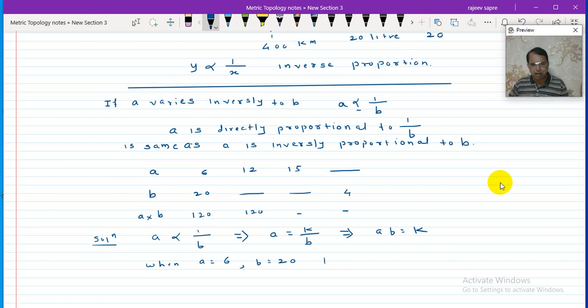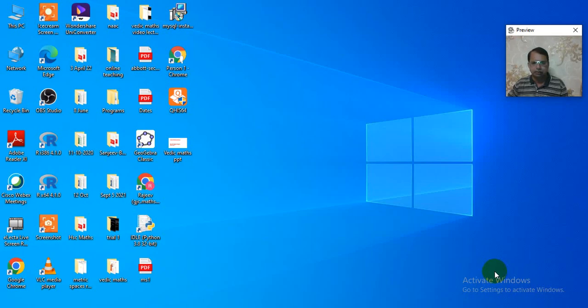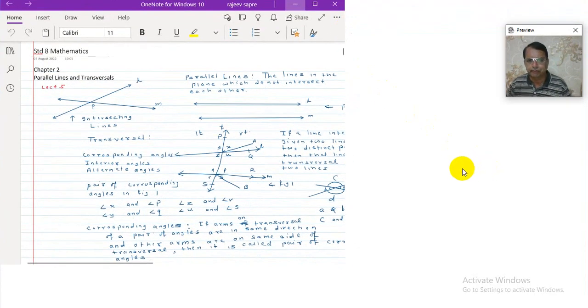So what is K? It is A into B. So it is 6 into 20. So it is 120. Right? And this 120 is actually the constant of variation. This is constant of variation. Okay, so we should know such things.